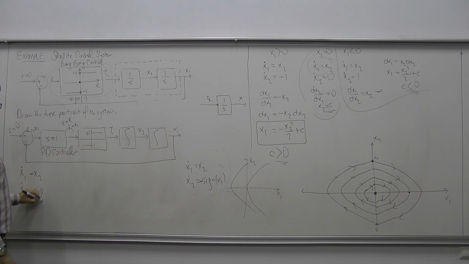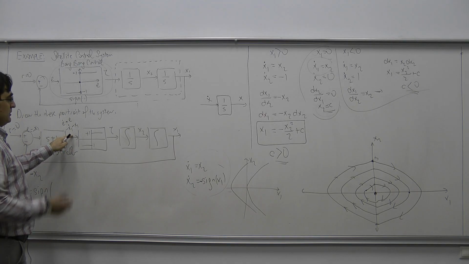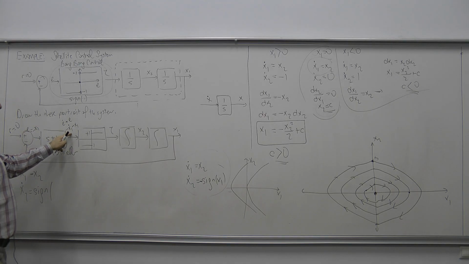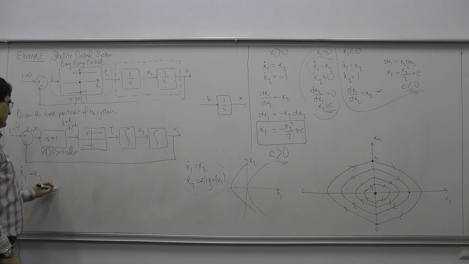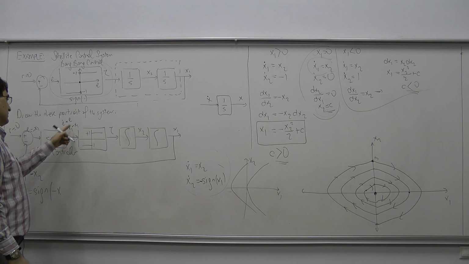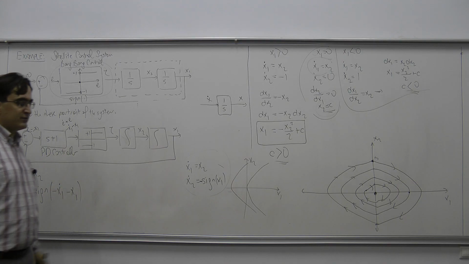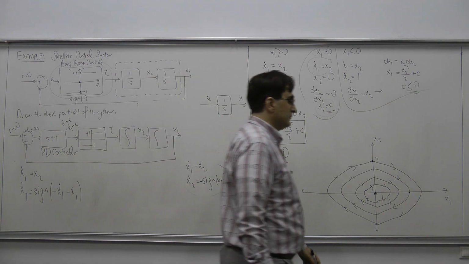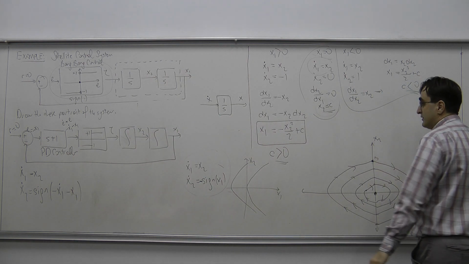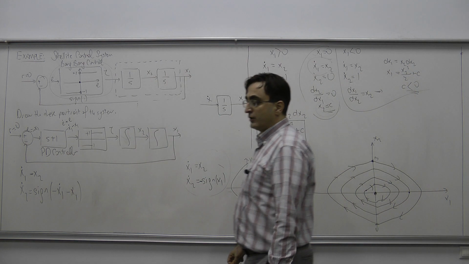Tau is sine of the input variable here, and the input variable of the sine is minus x1 dot minus x1. So is this a valid state space system, or is this a valid state space representation?